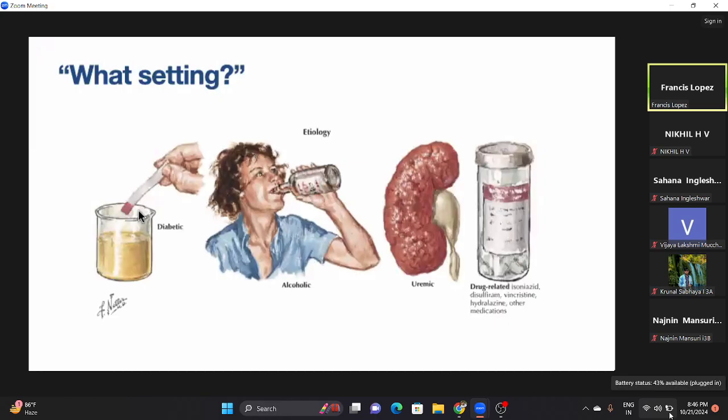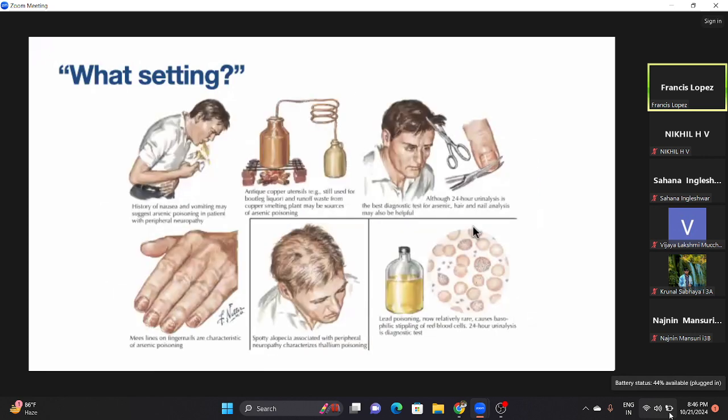Okay, you ask whether there's a history of diabetes or even alcoholism, or you ask if there is a past medical history of kidney problems, or even medication history because some medications like isoniazid, disulfiram, vincristine, hydralazine, and other medications can cause neuropathies, polyneuropathies.